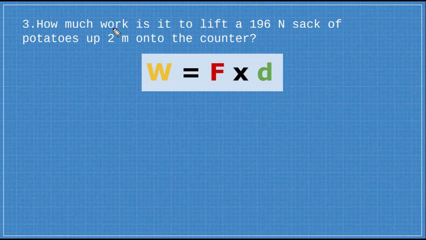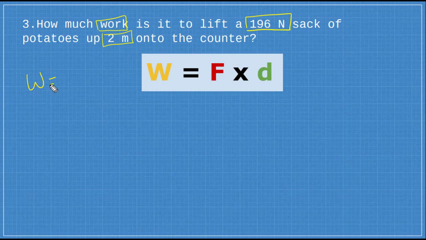My next problem says how much work, so once again I'm trying to find work here, is it to lift a 196 newton sack of potatoes up 2 meters onto the counter? So I'm trying to find work. And I remembered that the units for force is newtons. So that means I have 196 newtons of force in this problem. And my distance is 2 meters.